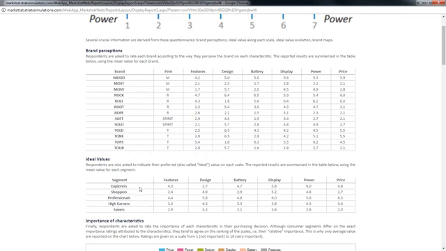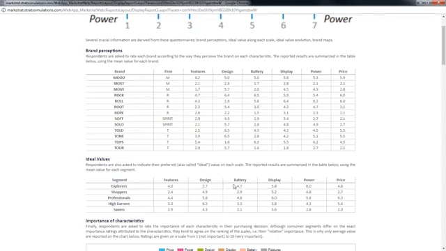So what you would do, for example, if you were Mood, is look here and see how close the Explorers' ideal values are to the current perceptions of Mood. Features: you've got 4.2 versus 4. That's pretty good. Design, 5 versus 2.7. That's not very good. If you want to target Explorers with Mood, you would want to do something to change perceptions of design downward.